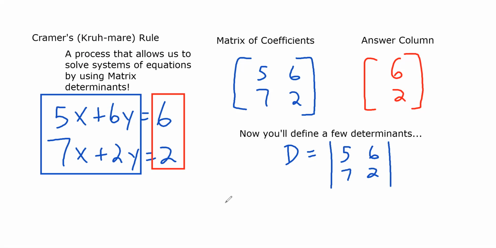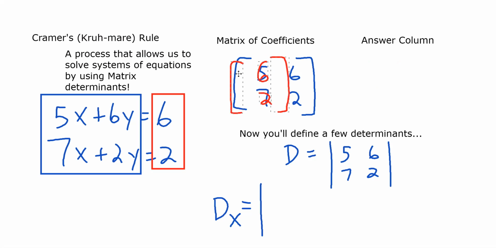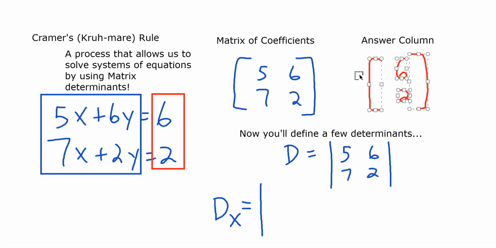You're going to define a few more determinants. You're going to define D with a subscript of X. So we're just going to call it DX, not D generation X. We're going to define DX here. That's going to be the determinant of the matrix of coefficients, but with the answer column replacing the first column in the matrix of coefficients.